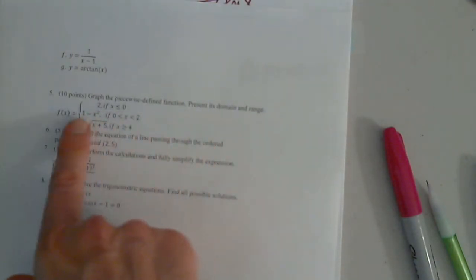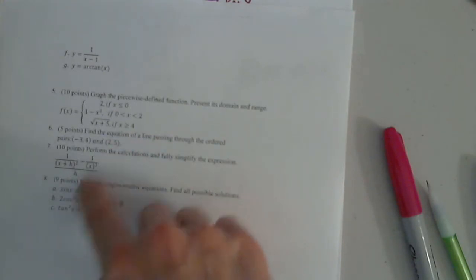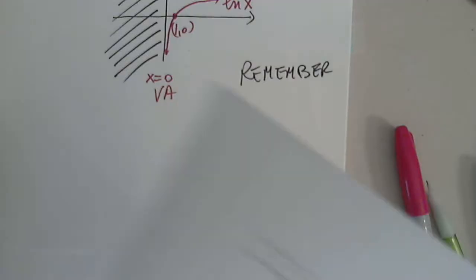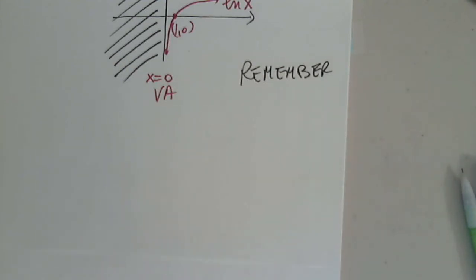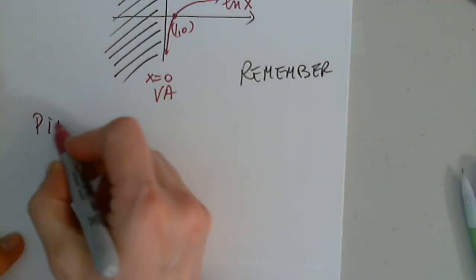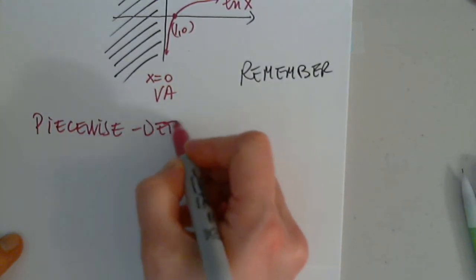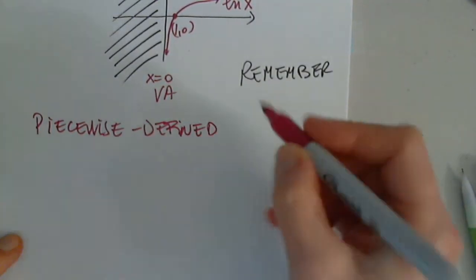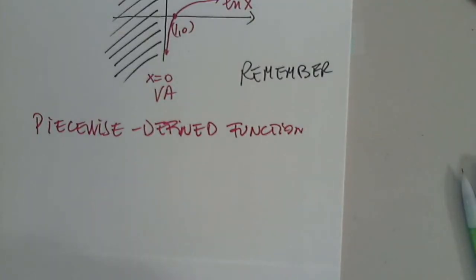Now I would like to look at the piecewise defined function, and then we'll hopefully try to finish that in the next 25 minutes. Okay, so here's a piecewise defined function. What is a piecewise defined function?